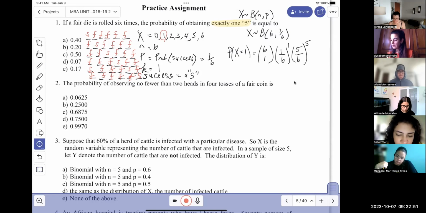So this is giving me the probability of each one of these outcomes. The chance of seeing a success is 1 in 6, and then the chance of seeing a failure is 5/6 times 5/6 times 5/6 times 5/6 times 5/6. That's where that comes from.